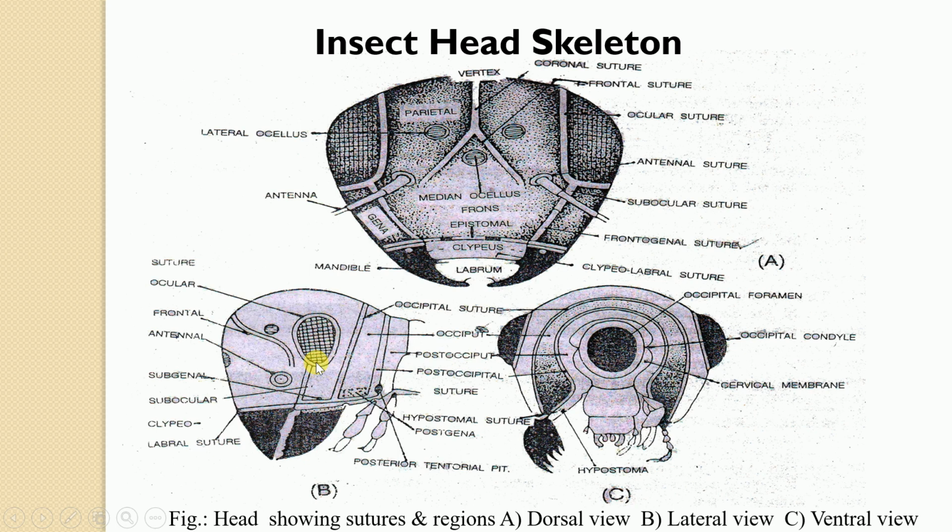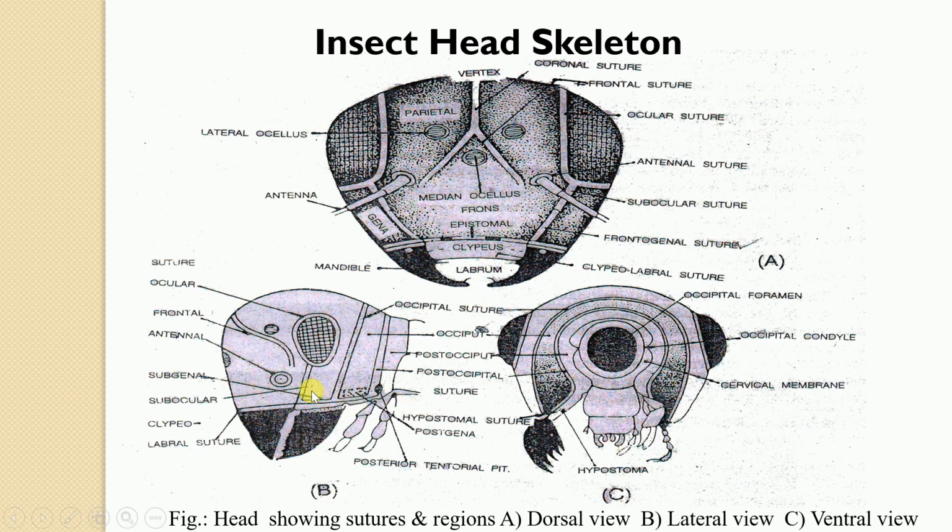Then we discussed the subgenal suture, which divides the frons area from the gena. The subgenal suture is a composite suture which consists of the pleurostomal suture and the hypostomal suture.